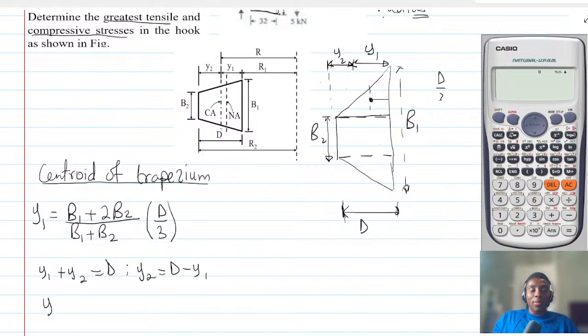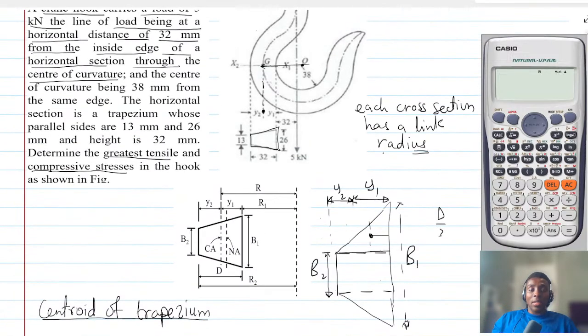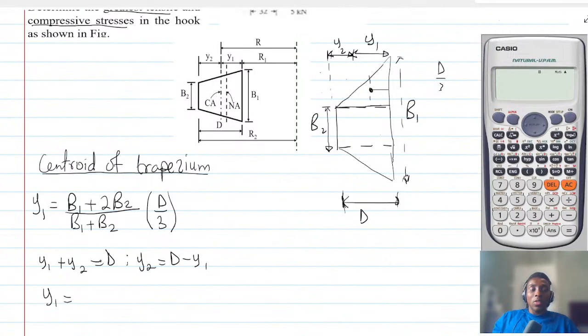So let's put the values inside. b1 is the longest side, which is 26. If you go back to the cross section, this is 26. So b1 is 26 plus 2 b2, which is 13.